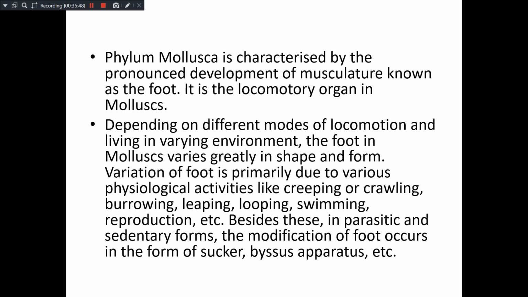They differ. Based on the different modes of locomotion and living in the various environments of the water and, to a certain extent, on the land also, the foot in Mollusca shows great diversity in shape and form. This variation of the foot in molluscans is basically due to various physiological activities.